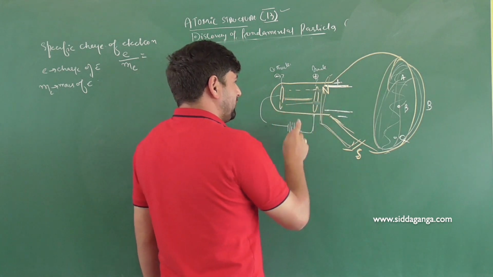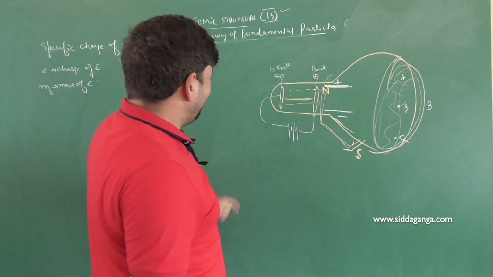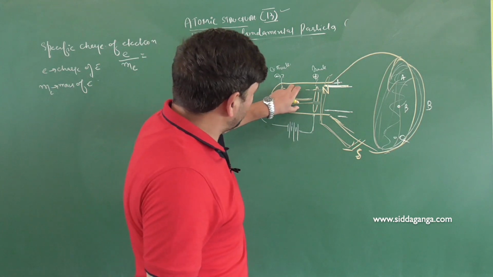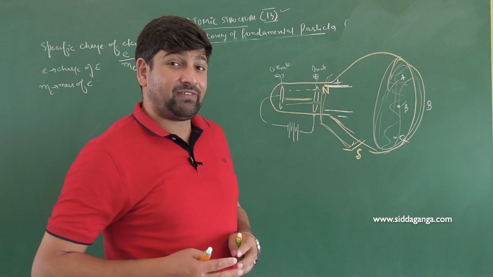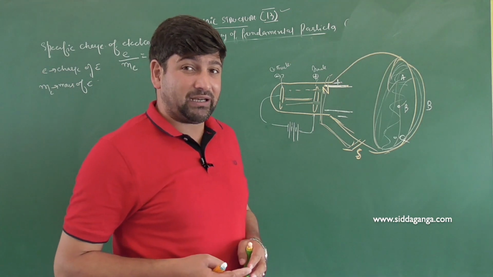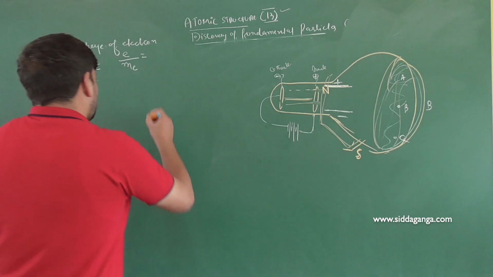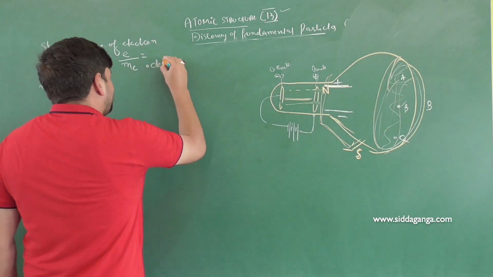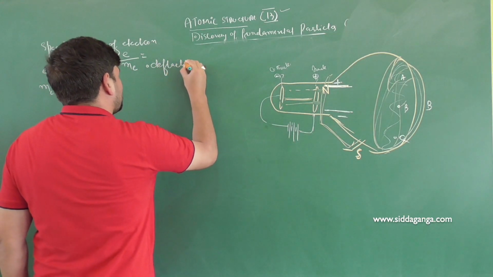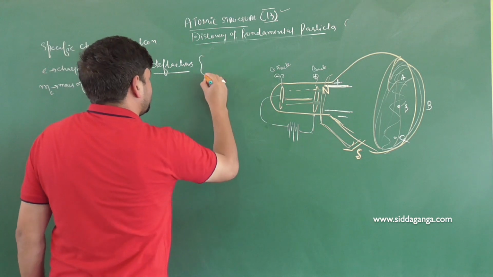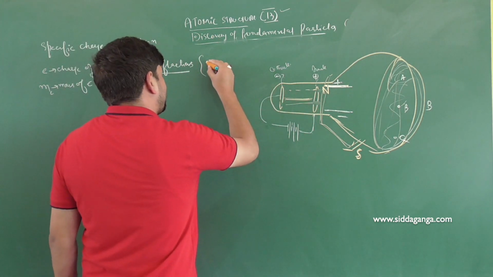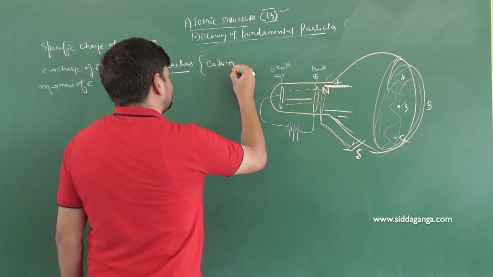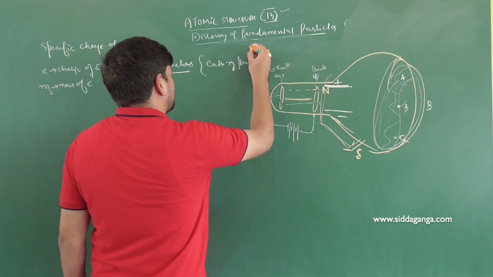First of all, they observed the deflection that occurred in these particles. Deflection means they are exhibiting particle nature. They found that the deflections in these cathode ray particles, which we called earlier what?